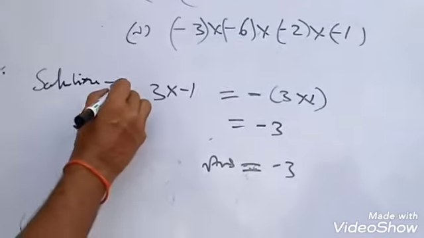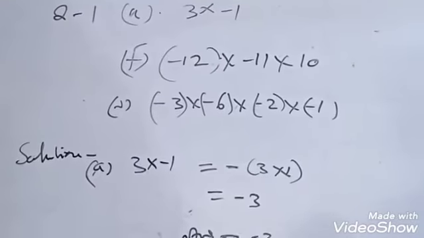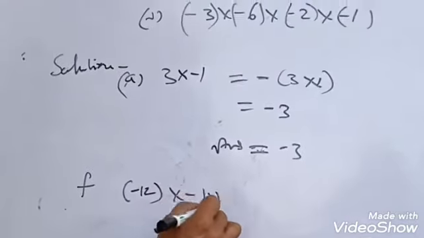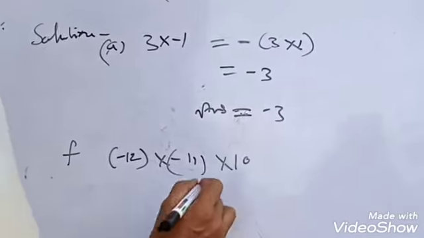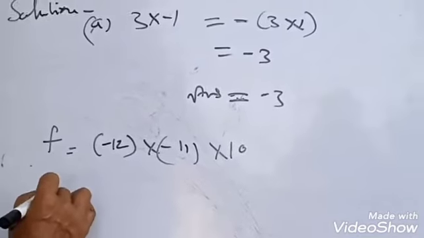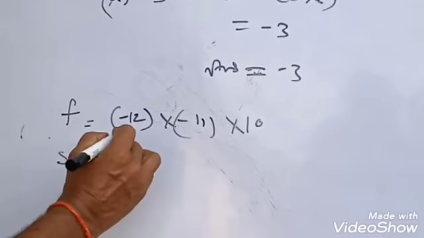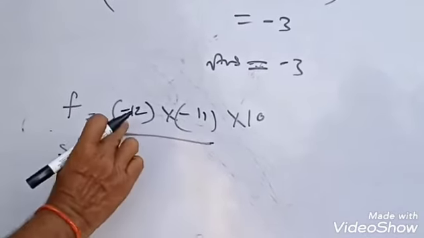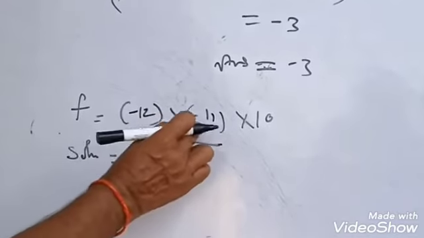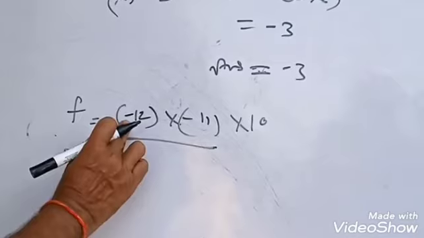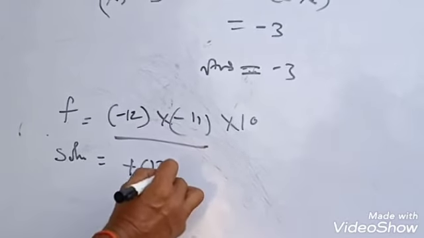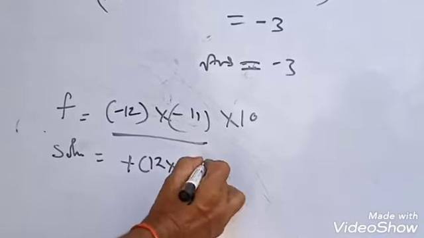For F, minus 12 into minus 11 into 10. Solution: taking these two, when minus is multiplied by minus, it gives the value plus. So it gives plus 12 into 11 into 10.